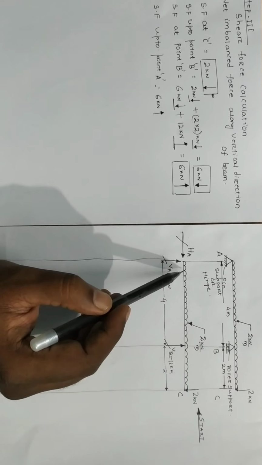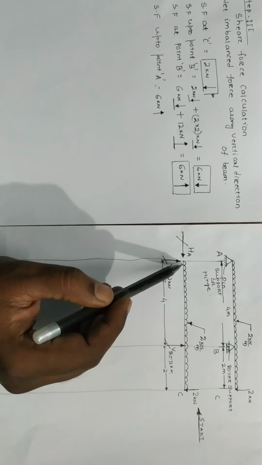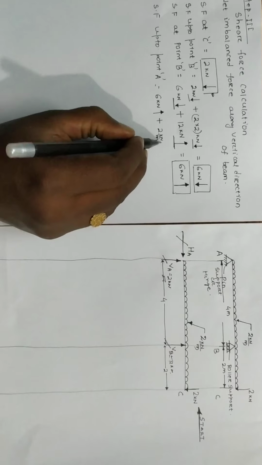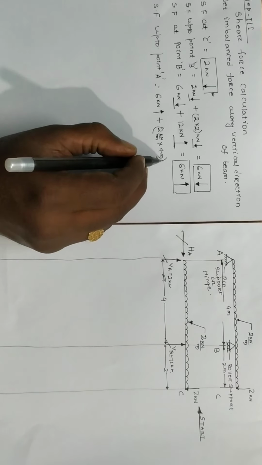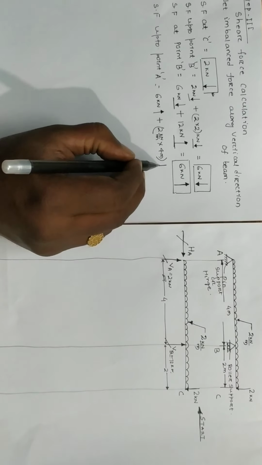What are these? These are UDL, and this will come vertically downward. So plus vertically downward, and what is the span length? 2 into 4. So I can write 2 kilonewton per meter spread over the span length 4 meter. And what will be the nature? This is downward, this is important.